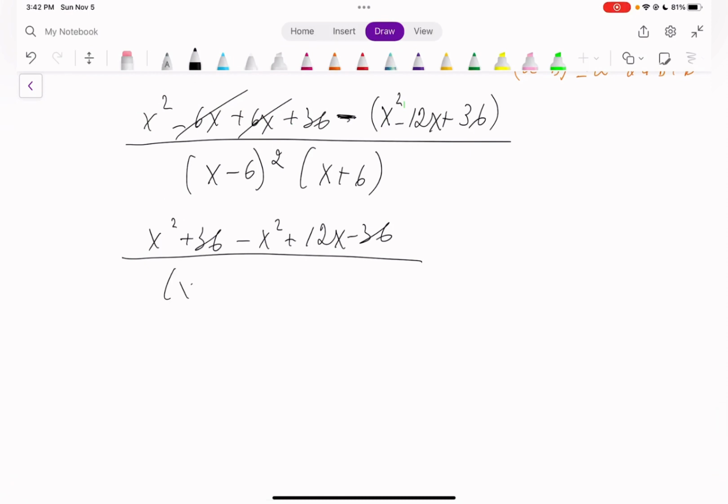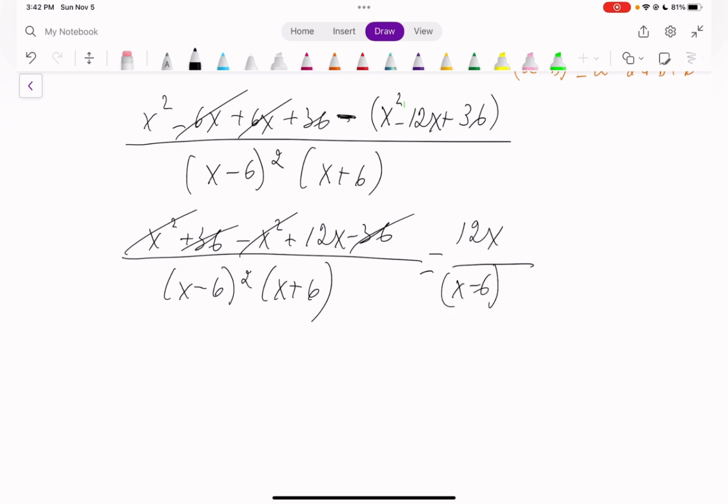And here I have x minus 6 squared and x plus 6. Okay, let's see what we have. This is gone also. And we have pretty straightforward 12x. Oh, only 12x, 36 also gone with negative 36. Right? And I have x minus 6 squared and x plus 6.